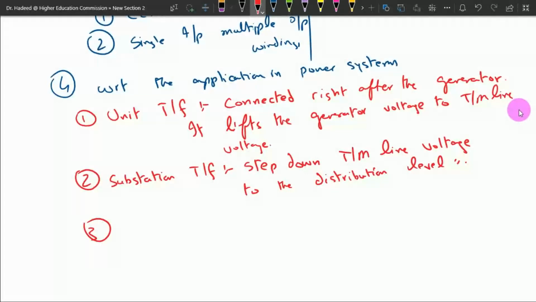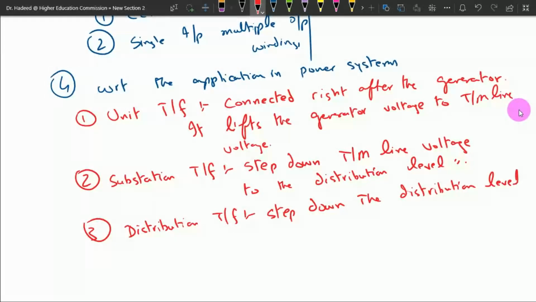Then we have the distribution transformer, which you can commonly see in your colonies or the residential areas where you live. This distribution transformer is again a step down transformer, and it steps down the distribution level.